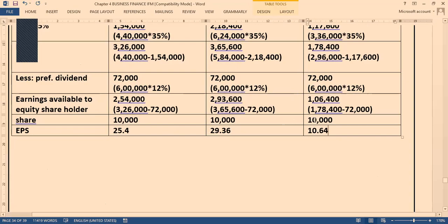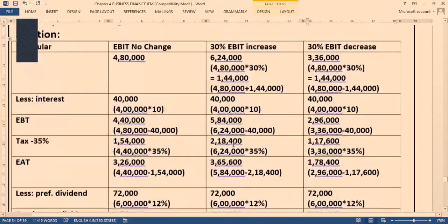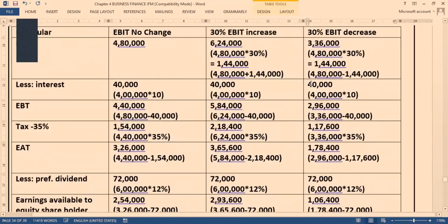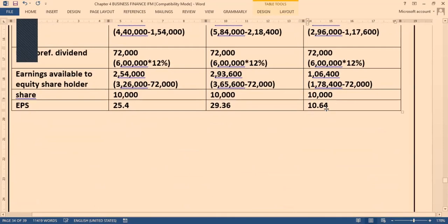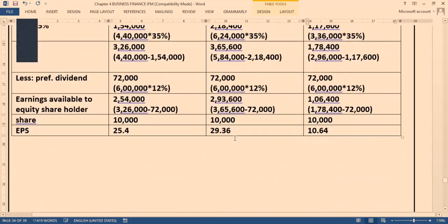Now we have calculated all the three cases. If there is an increase, the earning per share may also increase. If there is a decrease, the earning per share will also decrease. That is an interpretation you can observe while solving this problem.